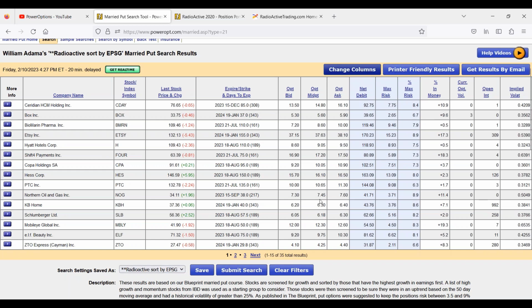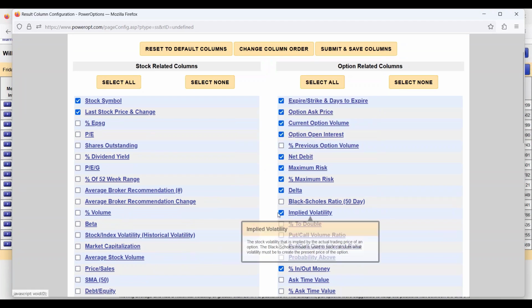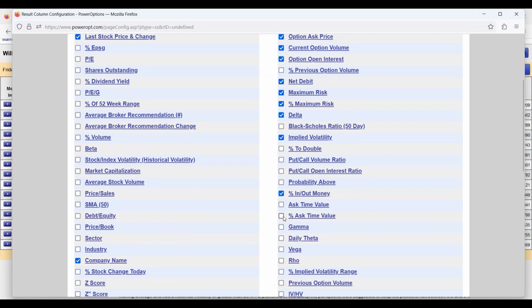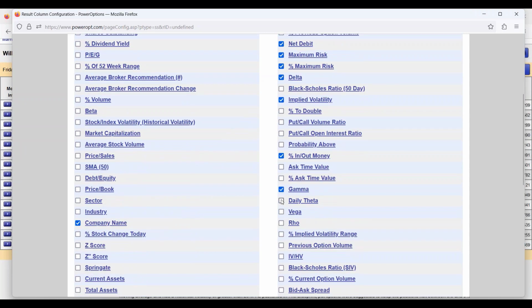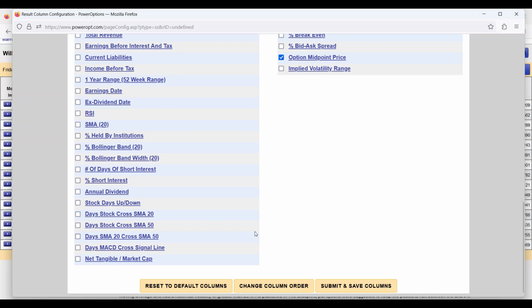Let's go into change columns, and I'm going to add the delta in. I had implied volatility in, but I want to move those up a little bit more. I'll even add the gamma, daily theta, vega, and rho, the other Greeks involved, even though we wouldn't pay attention really to rho so much or vega, but let's just do that because that's related to Chih's question.